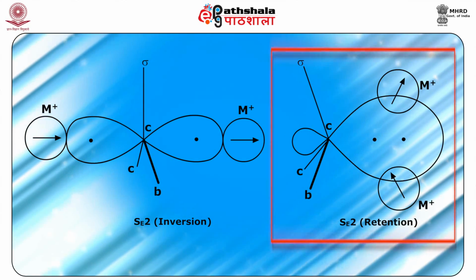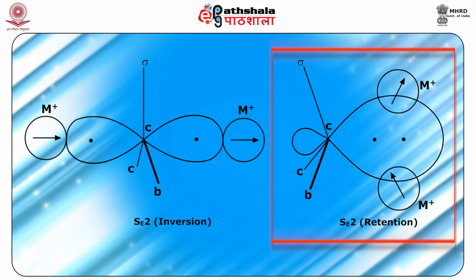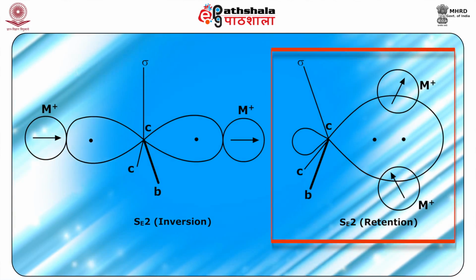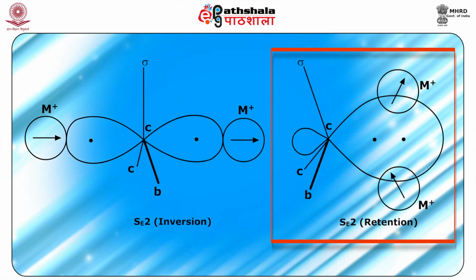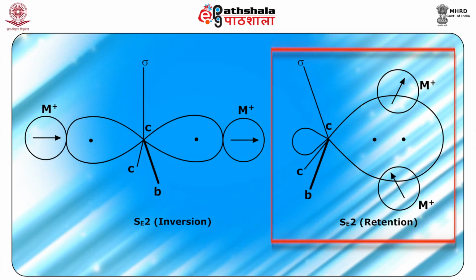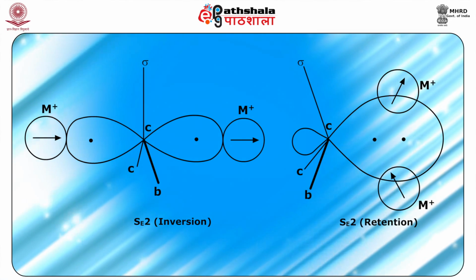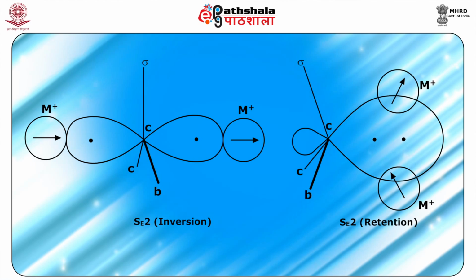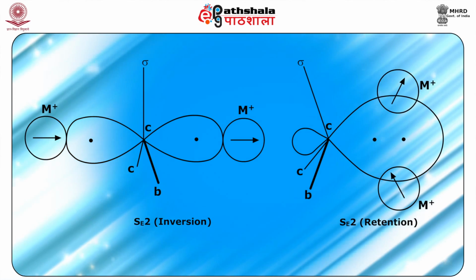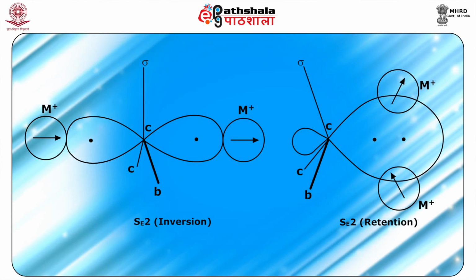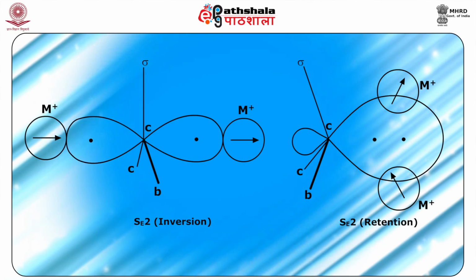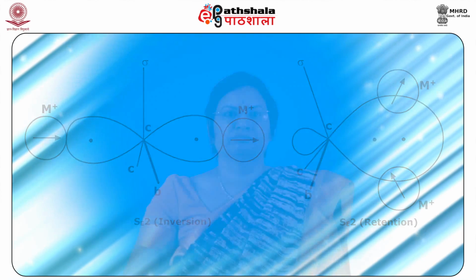The electrons of the original metal bond remain nearly where they were, resulting in retention of configuration through a transition state such as SE2 front, as you can see here. So, this SE2 front will give you retention in configuration, but on the other hand, you can see in this visual that the SE2 back will give you inversion in configuration.